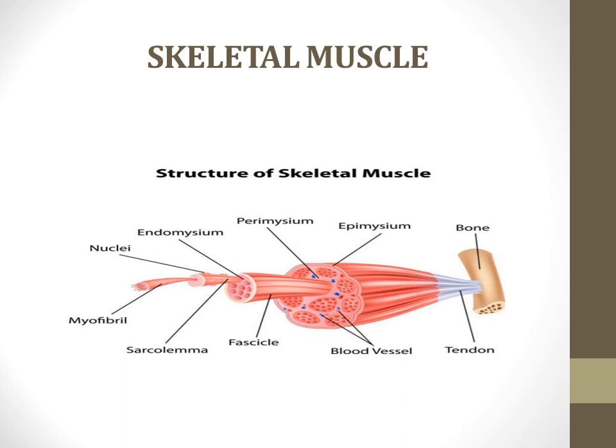Stripes will be there, right? And this is used for movement. Since it is attached to the skeletal system, it mainly helps with movement, right? As we said, in detail we will learn this in chapter number 9 regarding the muscular system. Fine.